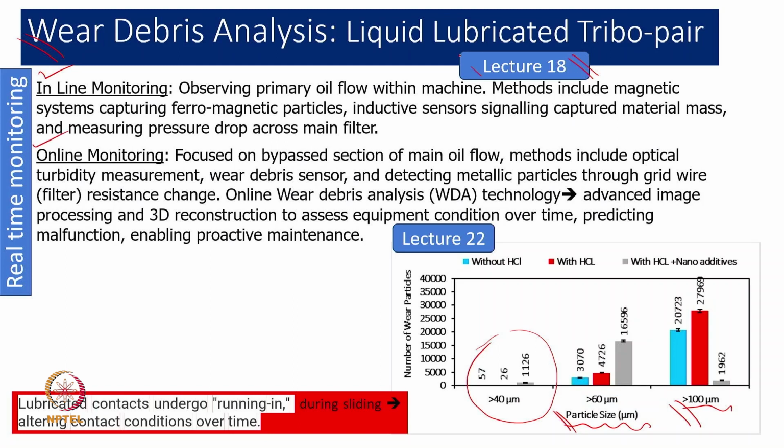This was already discussed in lecture 18, and shown in lecture 22. So a lubricated contact undergoes running-in, and during running-in, the number of particles will be lesser or more, but the size will be much lesser during sliding.